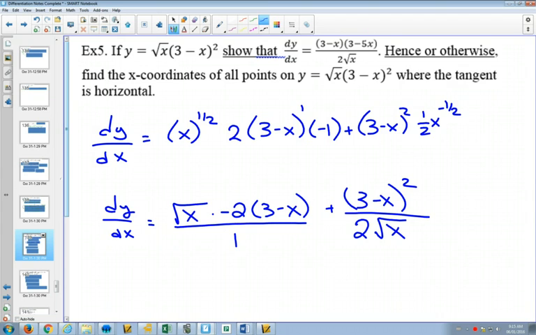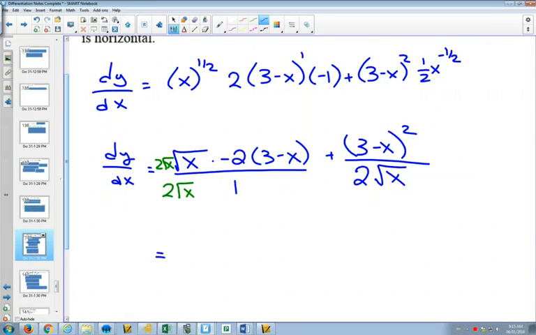How do I add fractions? Need a common denominator. So if I want to get a single fraction in the end with a 2 root x on the bottom, it makes sense to get a common denominator in our first term, so I have that 2 root x on both of them. Can you see that now I would have a common denominator, and I could just add the tops and keep the bottom the same.